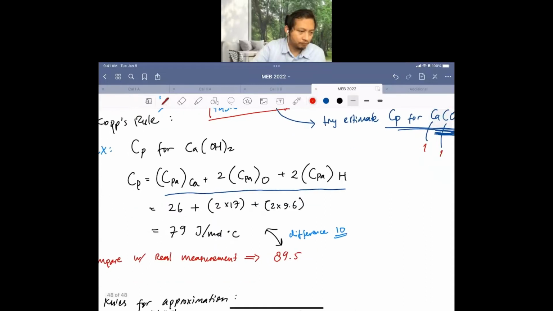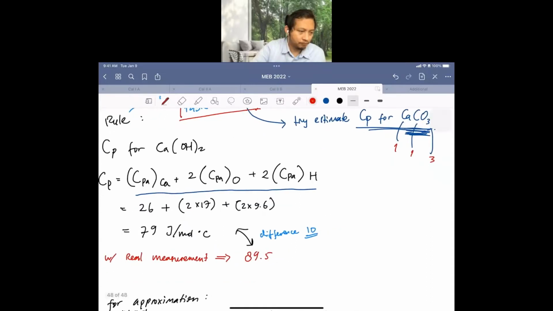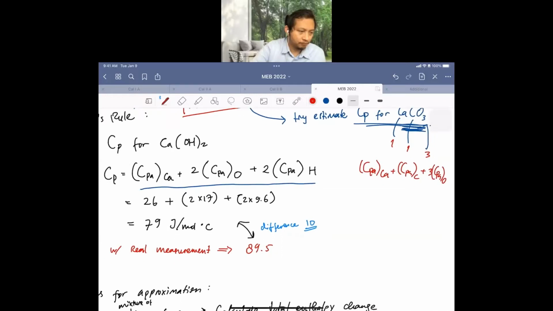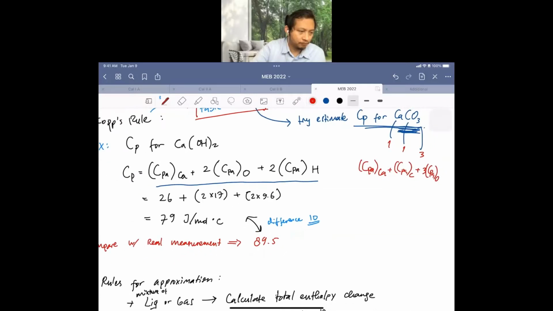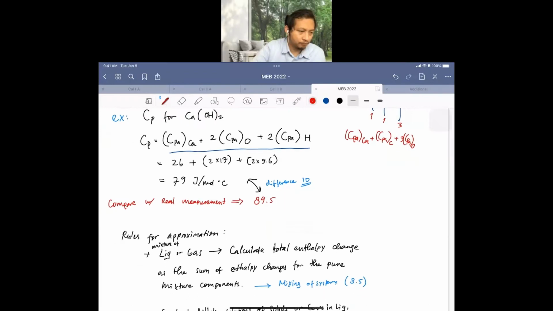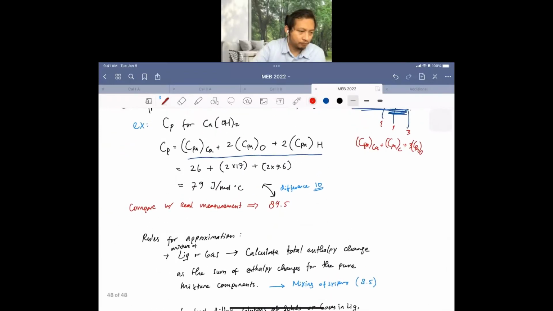So you will have Cp of Ca plus Cp of carbon plus 3 Cp of oxygen, right? You could try to find this Cp mixture.